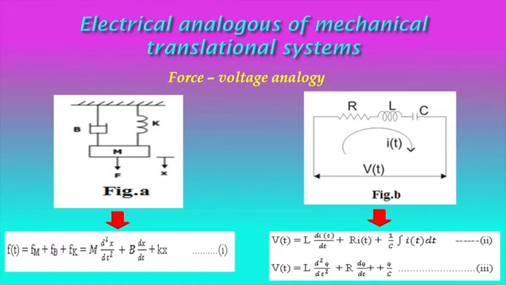Then di/dt equal to d square q by dt square, and i equal to dq by dt, and integration of i dt is equal to q. Then this term is 1 by C into q, where velocity is dx by dt, which is equal to i.